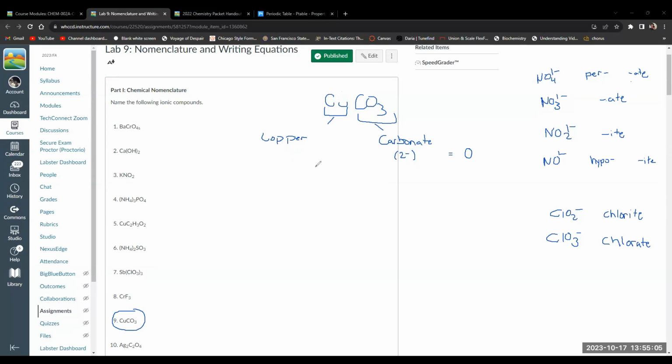We have 1 copper and 1 carbonate. The carbonate is a 2 negative, so the copper has to be a 2 positive.